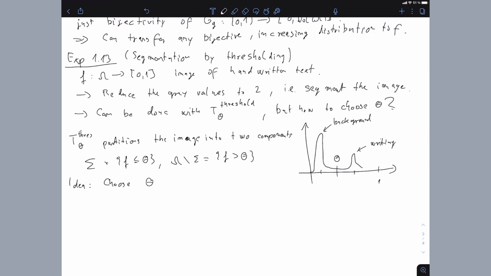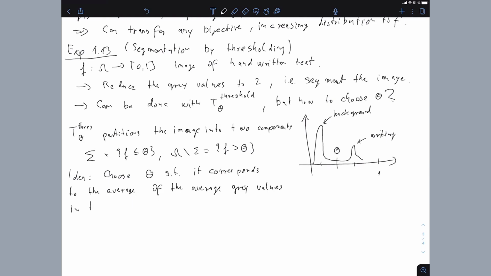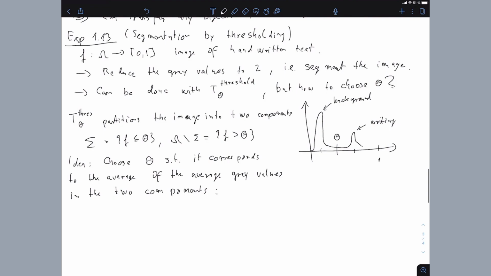So choose theta such that it corresponds to the average of the average gray values in the two components. What does that mean?